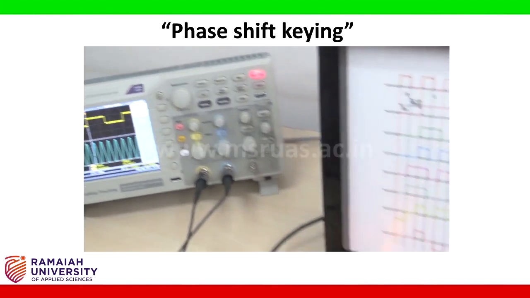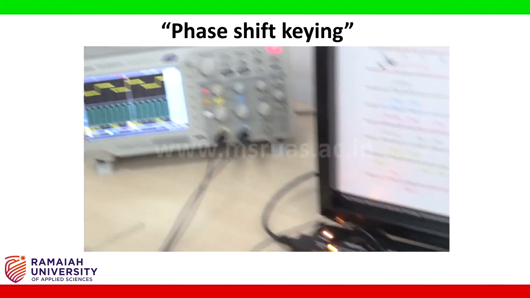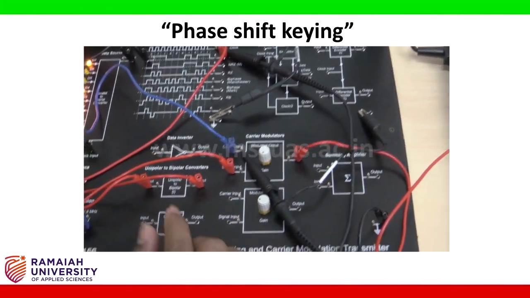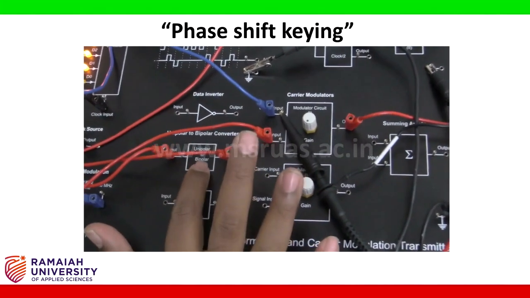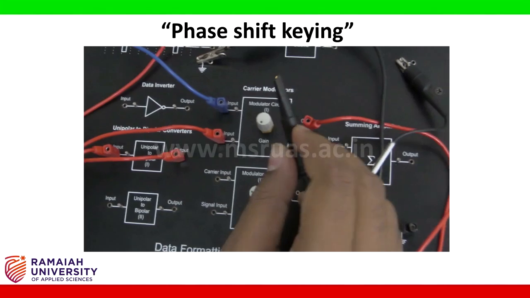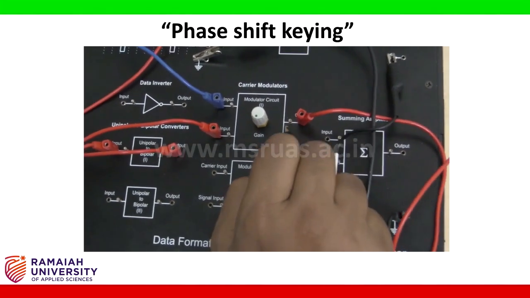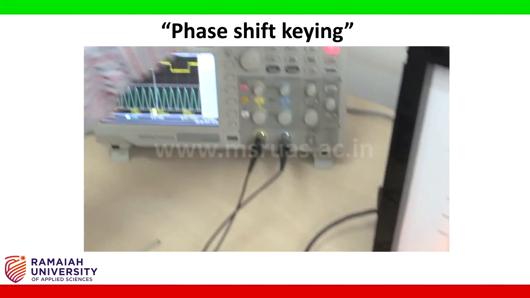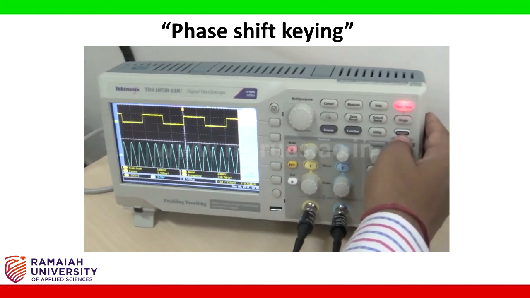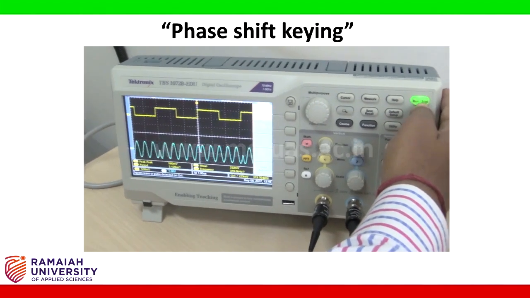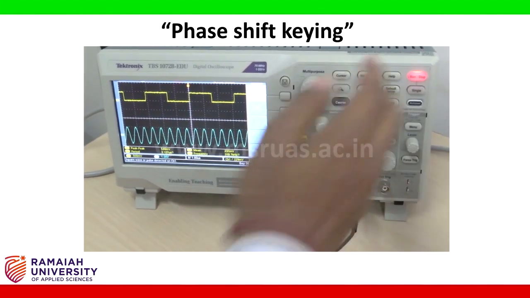and once we multiply the carrier signal with the data signal, which is converted from unipolar to bipolar, we are going to get the PSK phase shift keying output. Now again press the auto set button and the run and stop button.